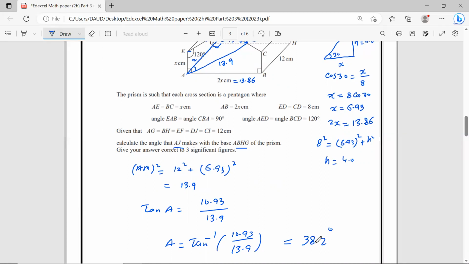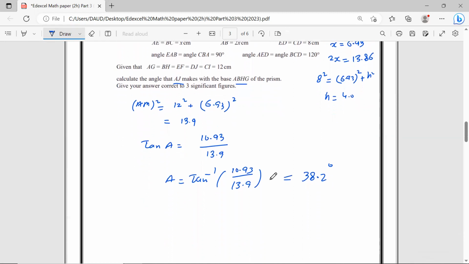So 38.2 is the angle which we find out, and it represents the angle AJ makes with the base ABHG of the prism. Hope you get it.